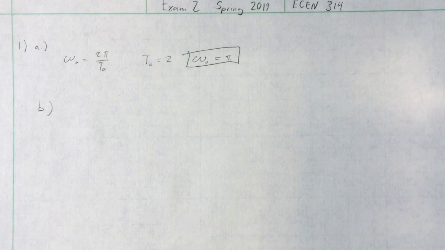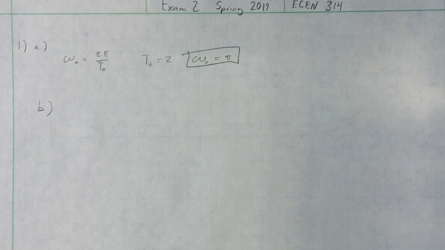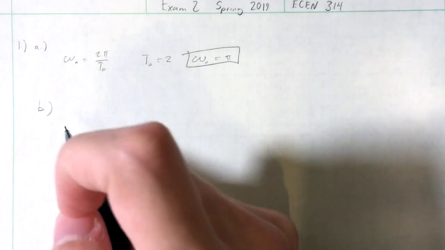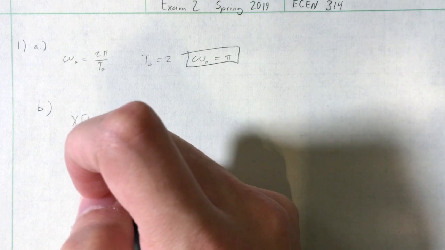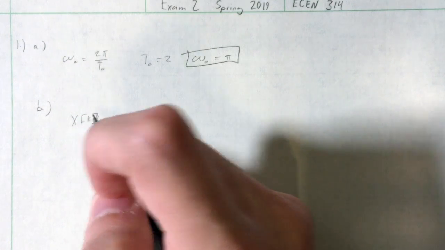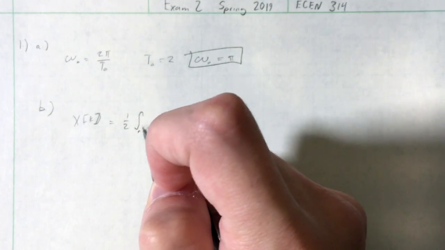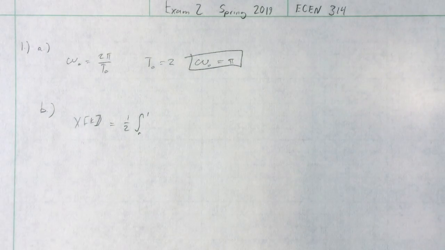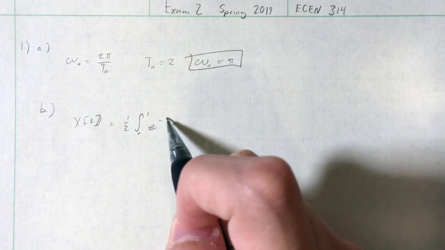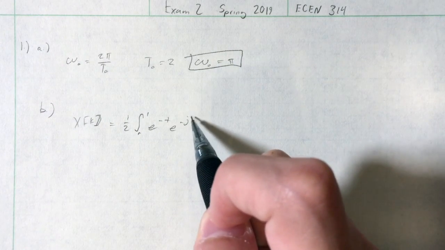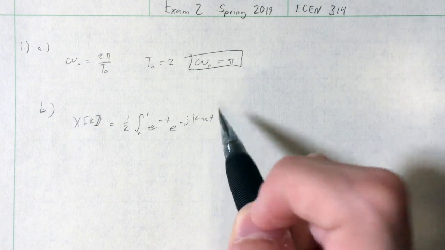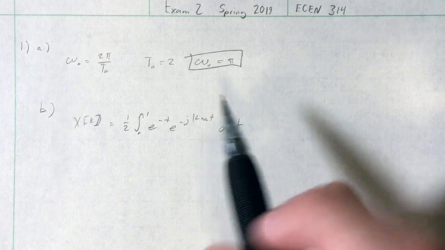So when we do this, we get an integral of something like x of k equals 1/2 times the integral from 0 to 1 of e to the negative t, e to the negative j k omega naught t dt.